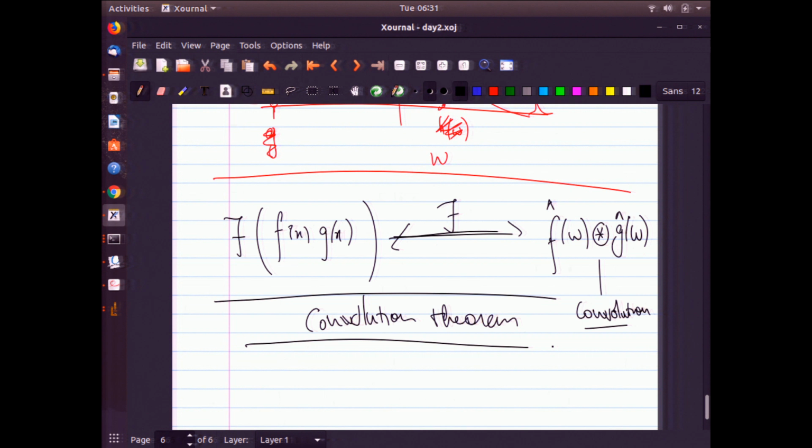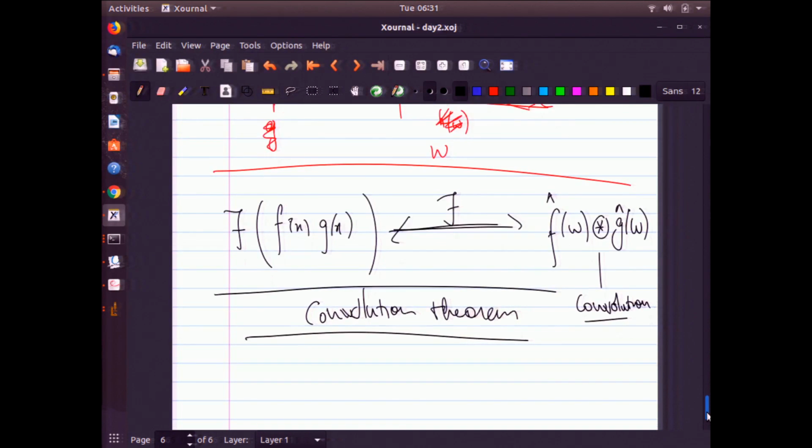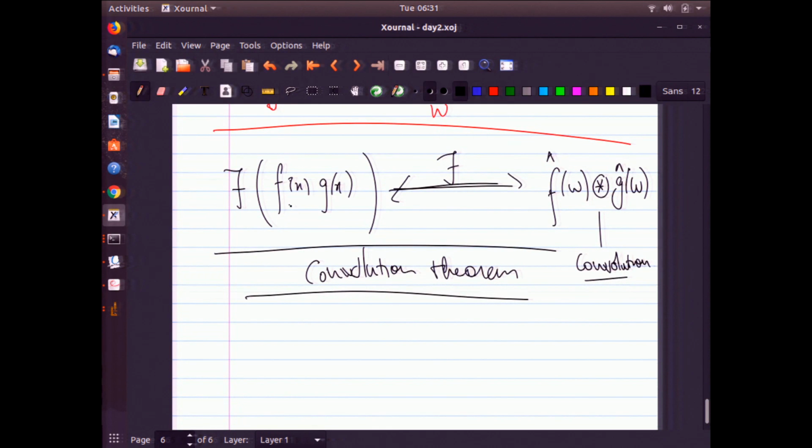So now if we go back to what we wanted to achieve, if we know f of x is a Gaussian and g of x is some box, which is what we wanted to apply, then the resulting spectrum will simply be the Fourier transform of the Gaussian convolved with the Fourier transform of the box. So there's a nice sort of algebra now that comes out of this, right?